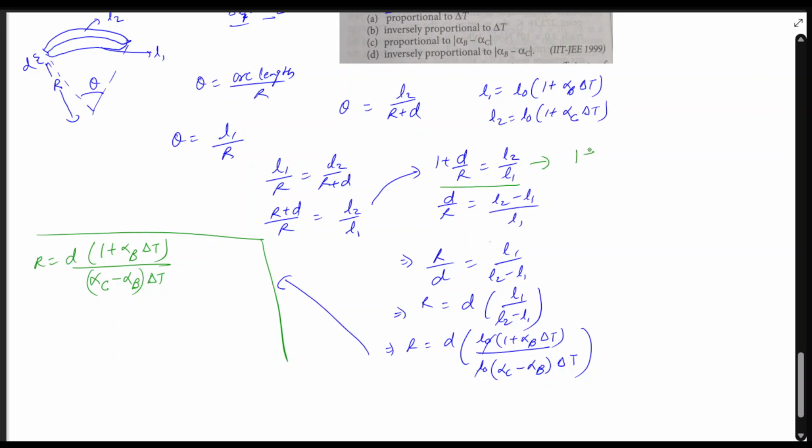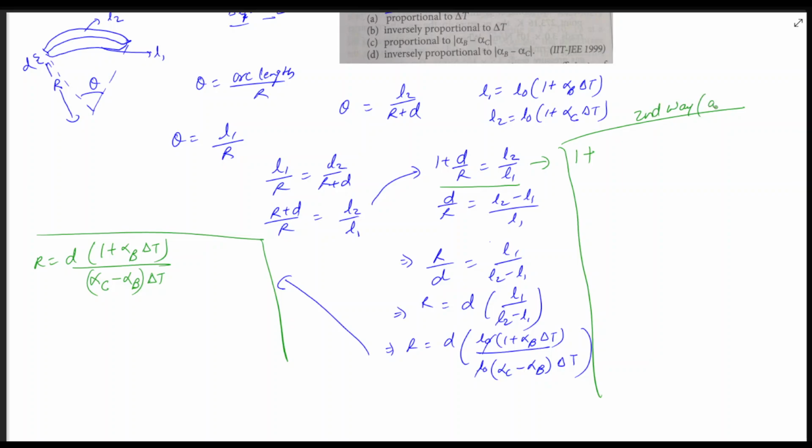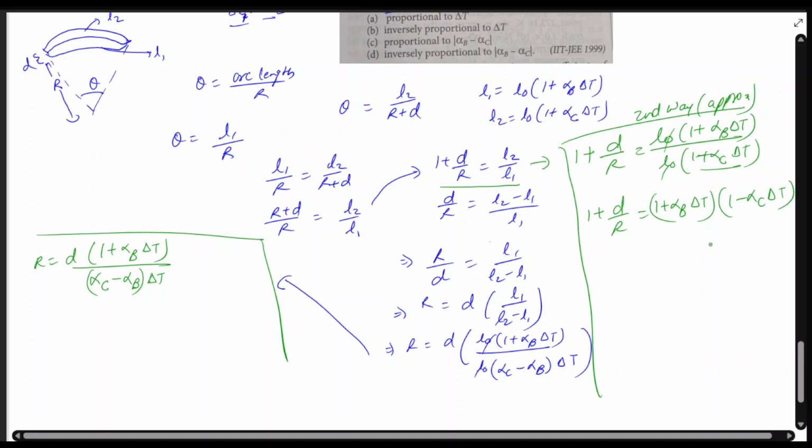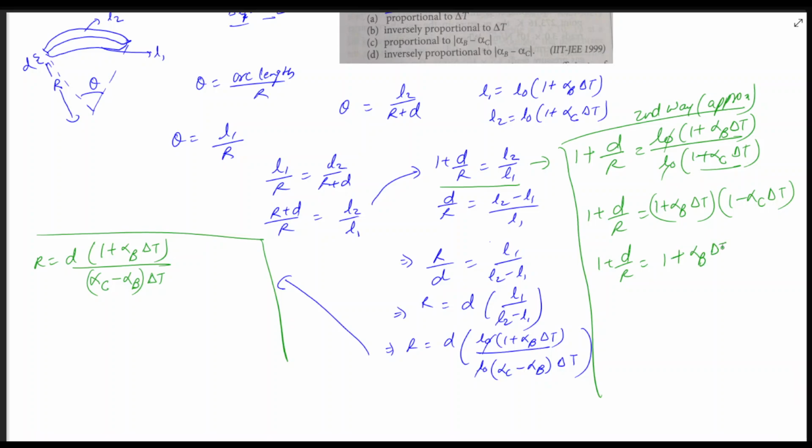Look, from here we can do some things. I'm finding just the second method, a second way with approximation. So it will be 1 plus D by R equals L2 by L1, which is L naught times 1 plus alpha B delta T upon L naught times 1 plus alpha C delta T. As you know, alpha B and alpha C are very small, so we can simply write it as 1 plus alpha B delta T into 1 minus alpha C delta T. So we'll have 1 plus D by R equals 1 plus alpha B delta T minus alpha C delta T, minus alpha B alpha C delta T whole squared.